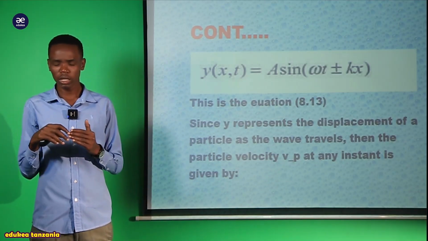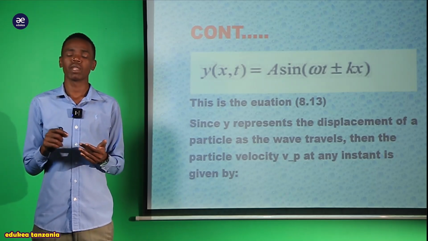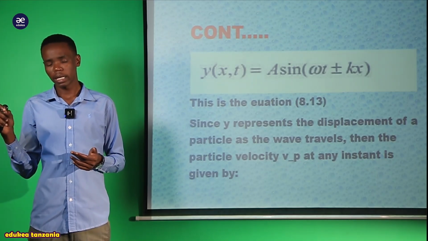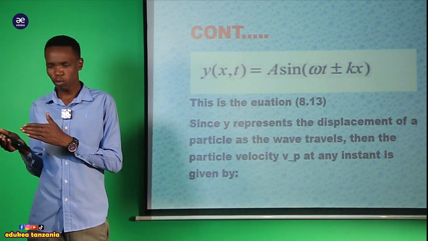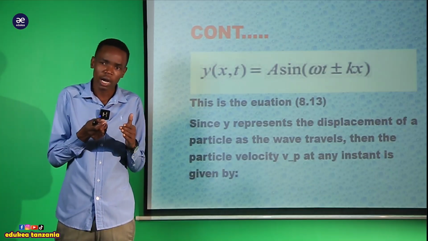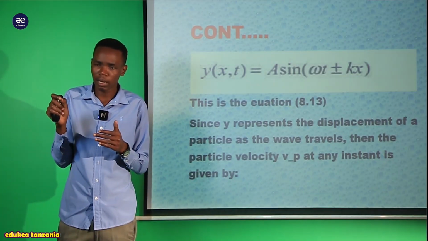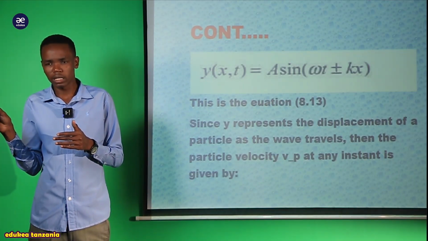Kwa anapokuwa anaenda kulia itakuwa ni a sin bracket wt minus that kx, lakini anapokuwa anatoka kulia anaenda kushoto atakuwa ni a sin wt plus or minus kx.